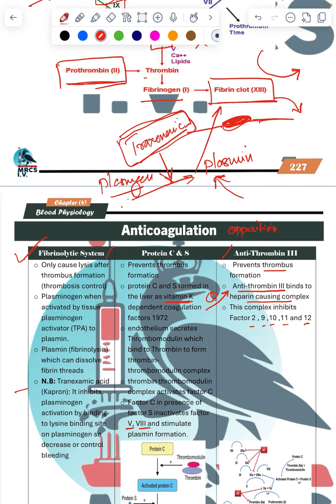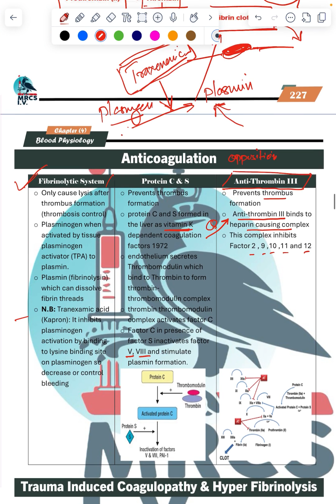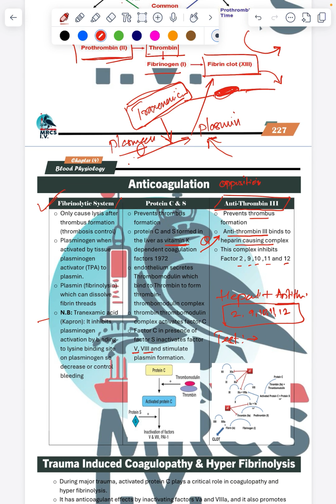So that is called antithrombin, through antithrombin. Wherever thrombin is there, antithrombin, you get understood. Do you understand this is formation of thrombin? Against this thrombin, heparin is acting. So what is the mechanism to test control? Heparin is given, it is acting on 2, 9, 10, 11, 12 through antithrombin. Antithrombin prevents this. Now how to test, control, how much dose has to be given?